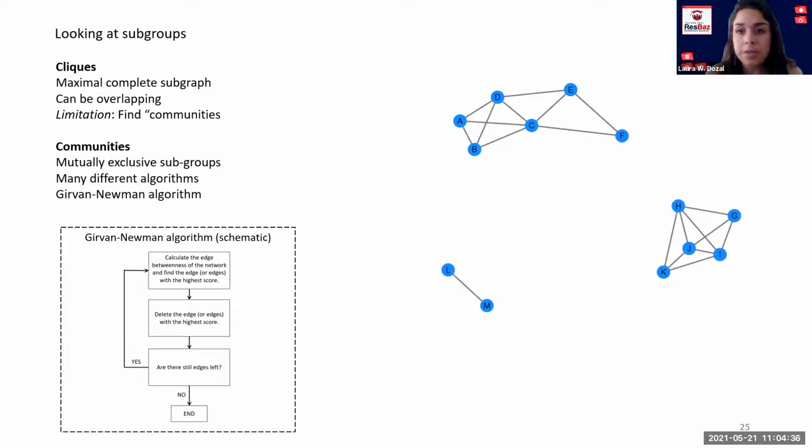So here there's one round of the algorithm and another round. Here we have 2 communities. Here we have 3, and another round of the algorithm. There are still 3 communities with 1 isolate.